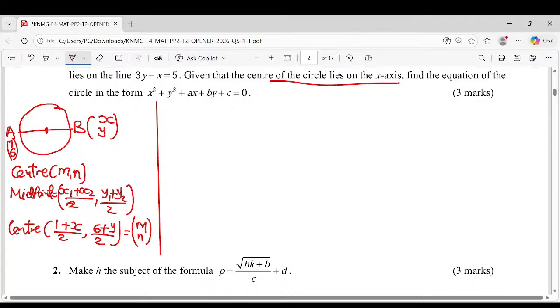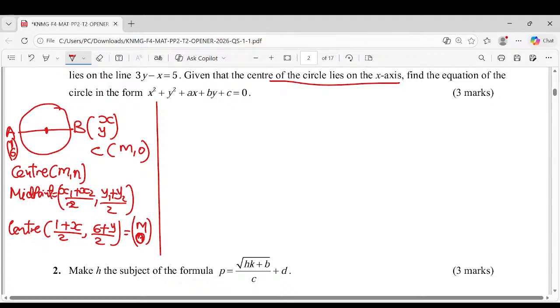So our center can be given as (m, 0), because it lies on the x-axis, where the value of y is 0.